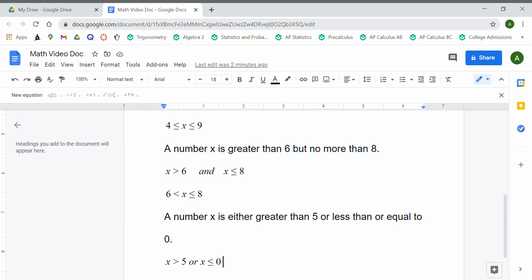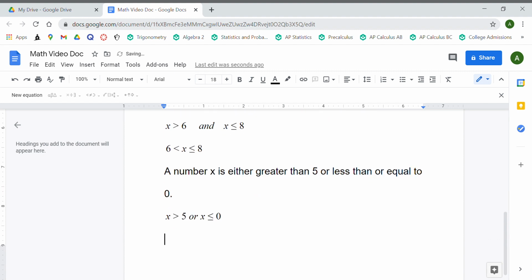So the inequality is worthless if you replace that word OR with AND. If you were to try to graph this inequality, you simply draw no shading at all.